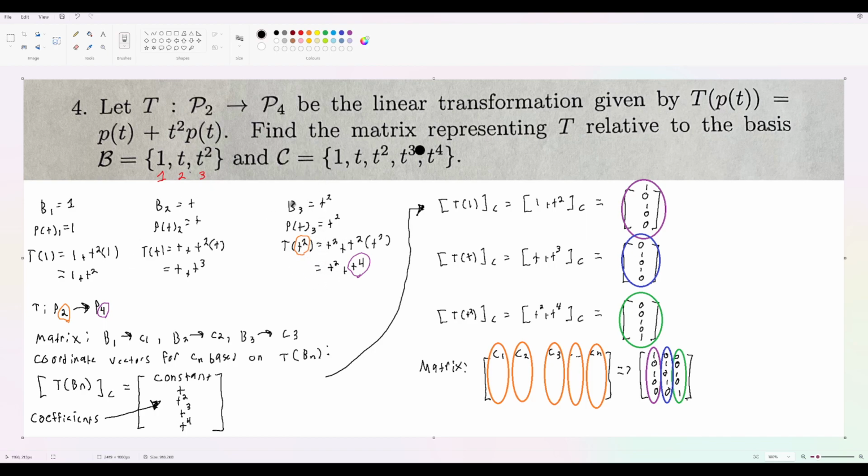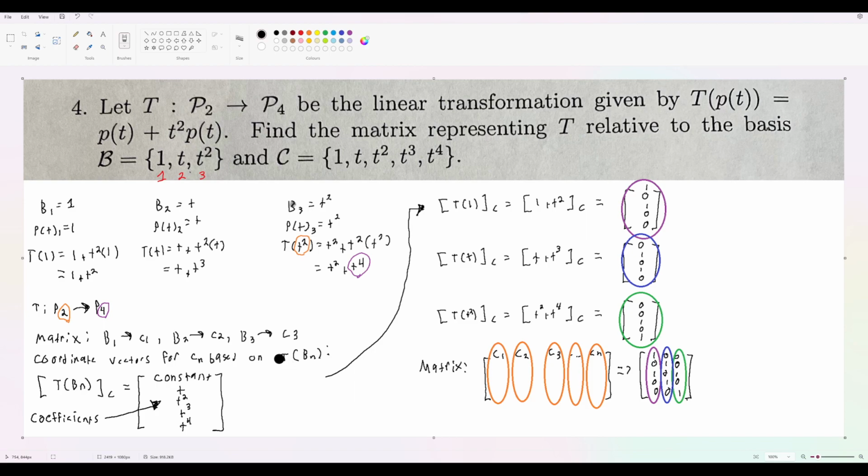Now let's find the matrix representing T relative to the bases B and C. What we can do over here is look at the matrix. b1 goes to c1, b2 goes to c2, and b3 goes to c3. So we're going to want to take our coordinate vectors for C based on our inputs for T of our bn.